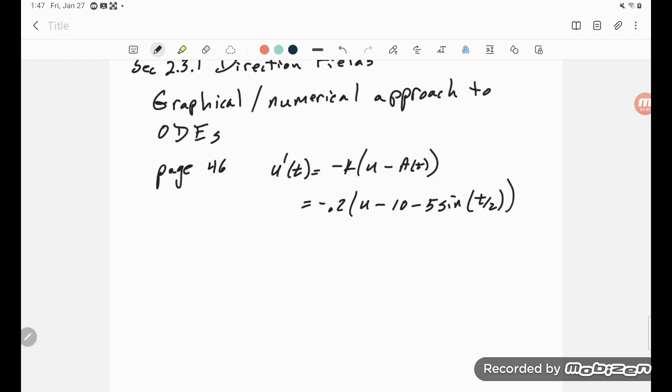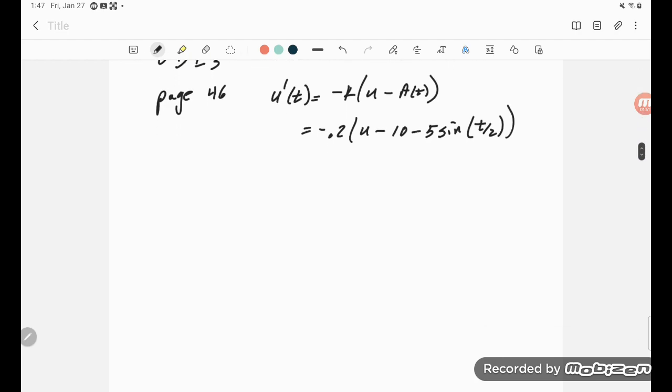Okay, so the idea is I could get some sense of what this looks like, because at any given value of t and u, I can use this to compute the derivative, right?